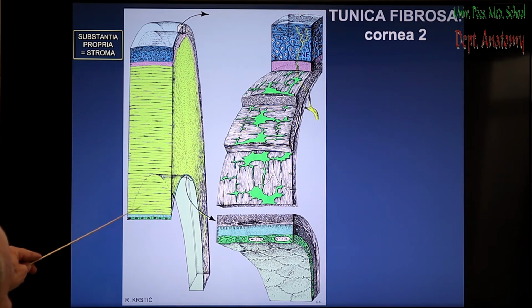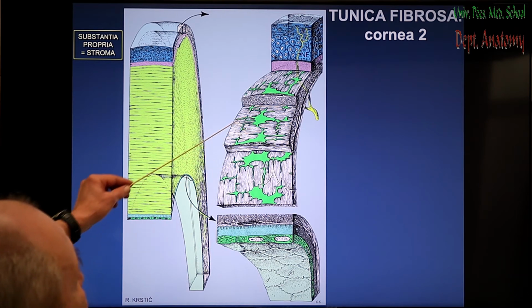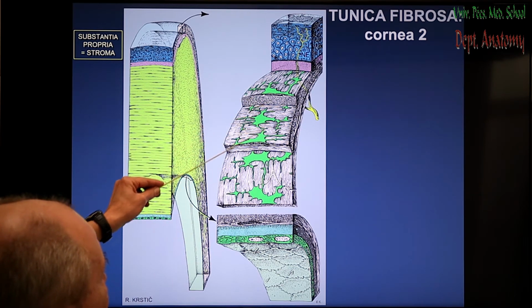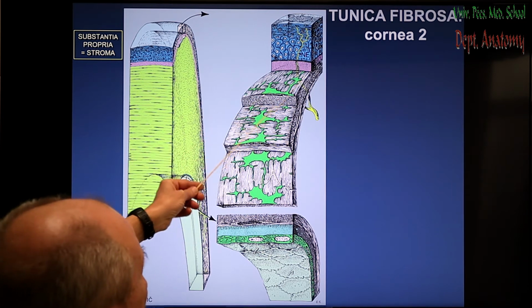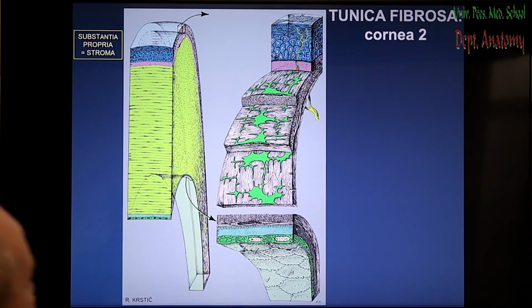And the tricky structure of substantia propria is the one which is responsible for the transparency of this practically dense collagenous connective tissue. As you can see, it consists of several layers packed deep to each other. In one of these layers, the collagen microfibrils are strictly parallelly organized with each other.